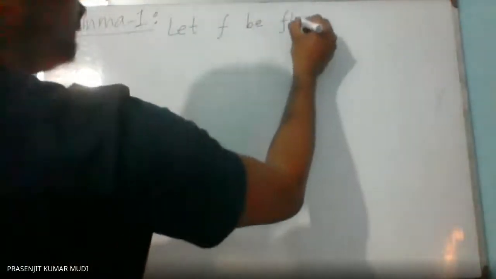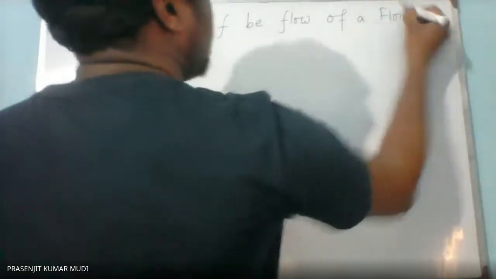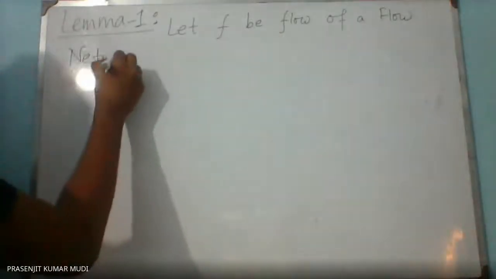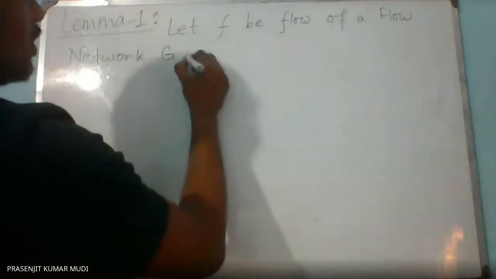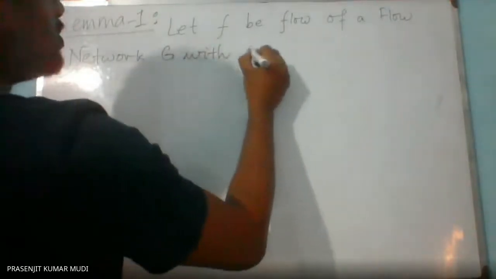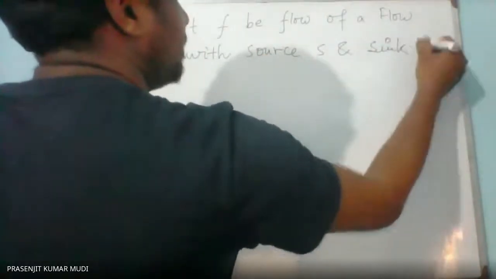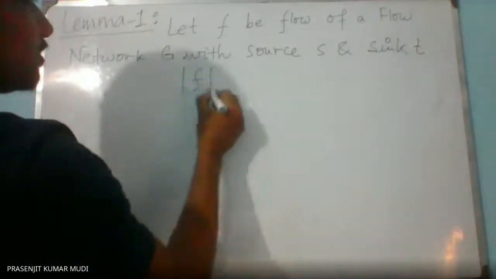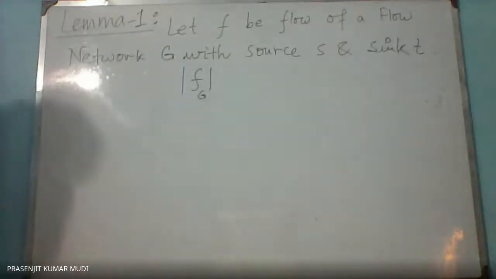So let F be a flow of a flow network G with source S and sink T. We know that this is the flow of the graph G, right? Okay, that is the flow.